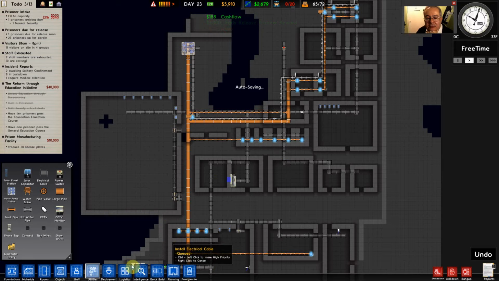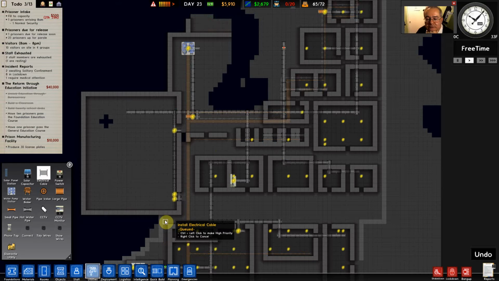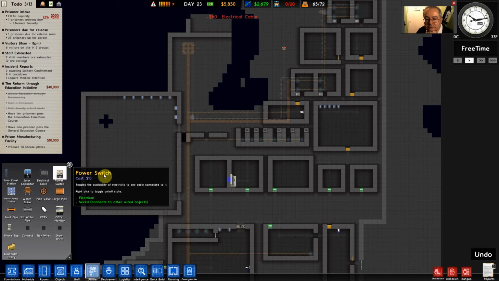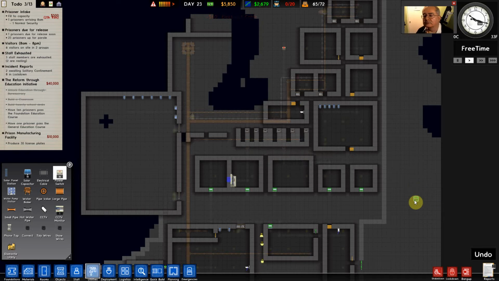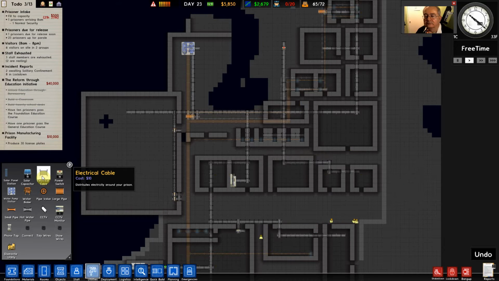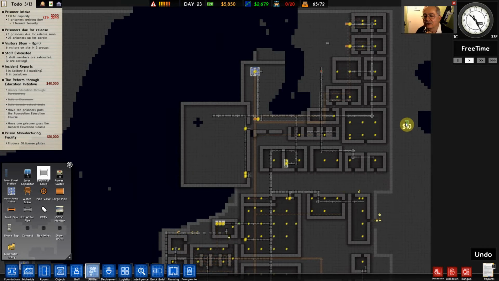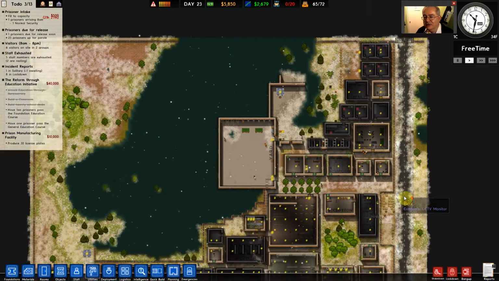Yeah. That's pretty good. It's cutting off a chunk. Whether it's enough, I don't know. We'll just have to see. Let them build it all, and I'll turn those switches off.